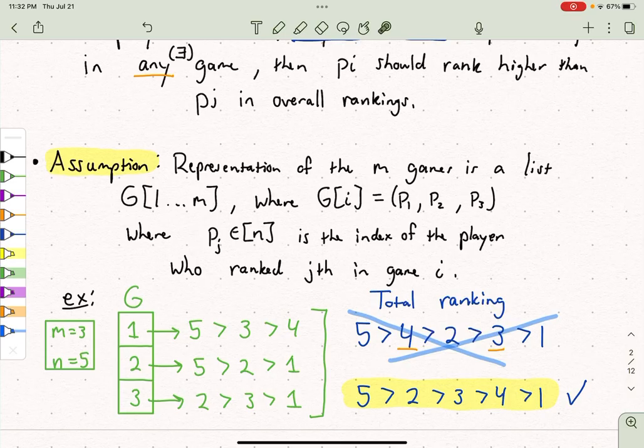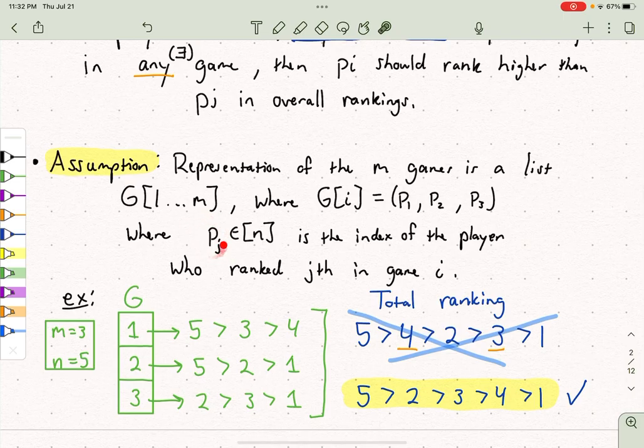This isn't important, but just so that we're clear on what our input representation is, we're going to assume the M games are represented as a list, G, where GI is a triple, P1, P2, P3, which is saying this is the number 1 ranked player in that game, I, this is the second ranked player, and this is the third.